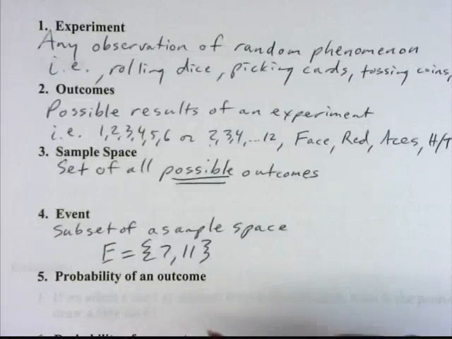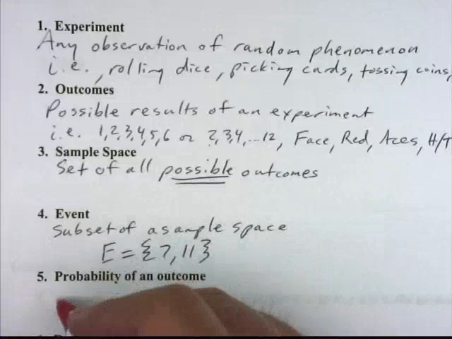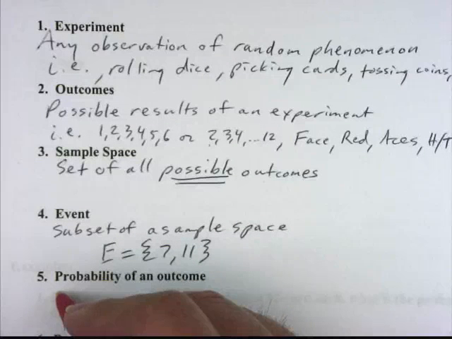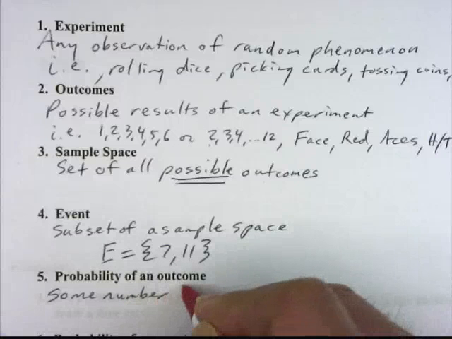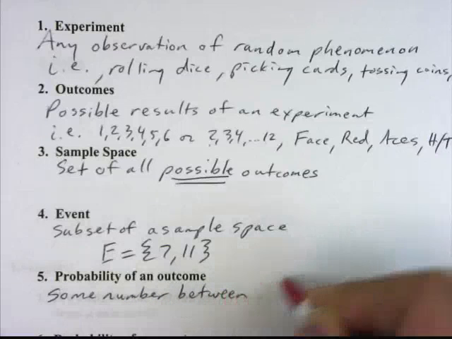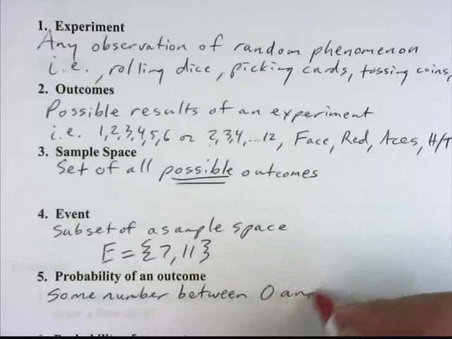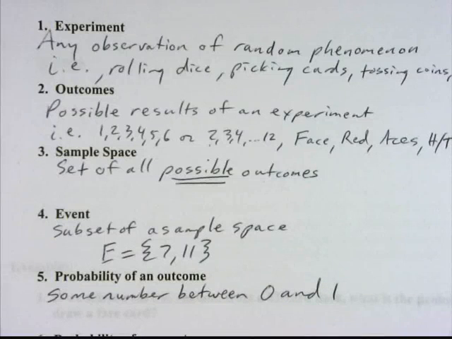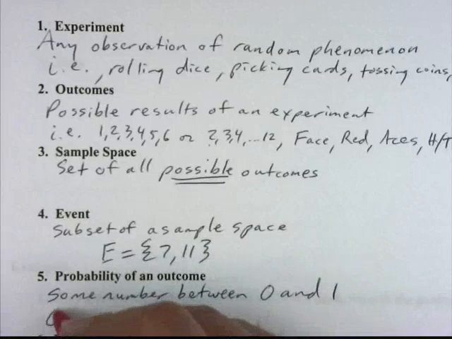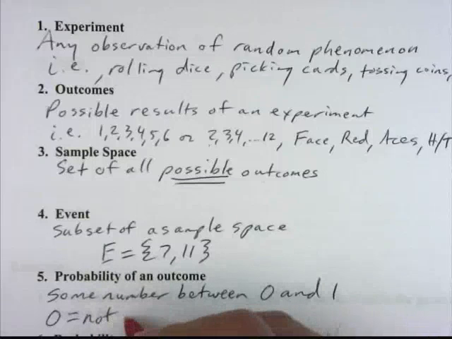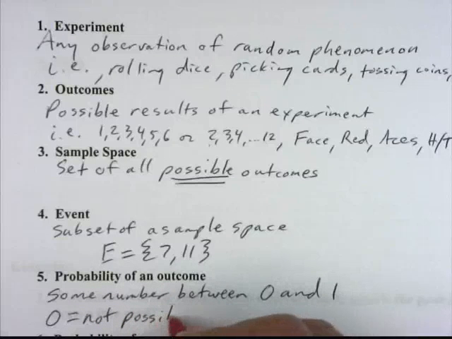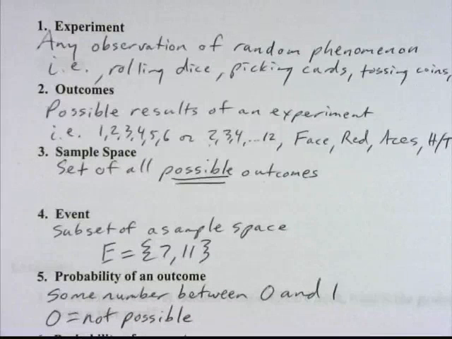The probability of an outcome is some number between 0 and 1. And we'll talk through why it's in that range in a little bit here. But it's some number between 0 and 1. And we say that the number 0 represents a probability of something not being possible. Alrighty?